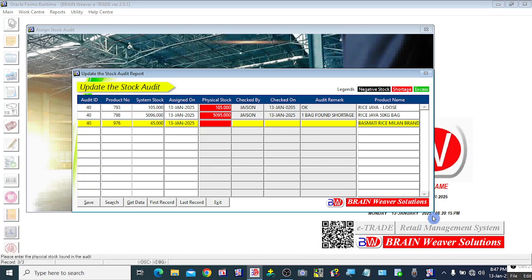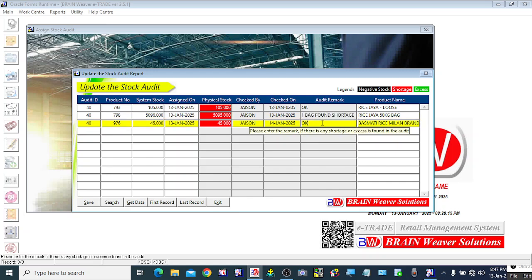Suppose he has received 45 as the physical verification. He can also mention the date on which he has conducted this physical verification. Also, his audit remark, since he found the exact quantity after verification, he can mention okay. Otherwise, he can mention his shortage or excess remark here.